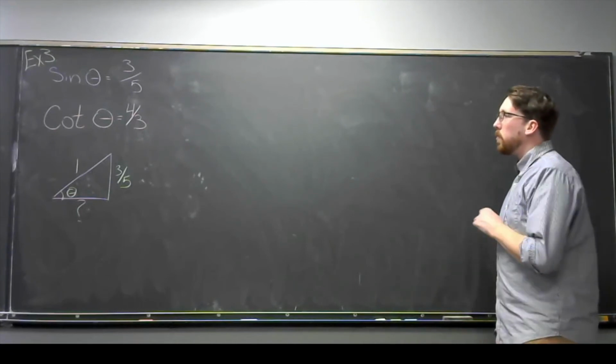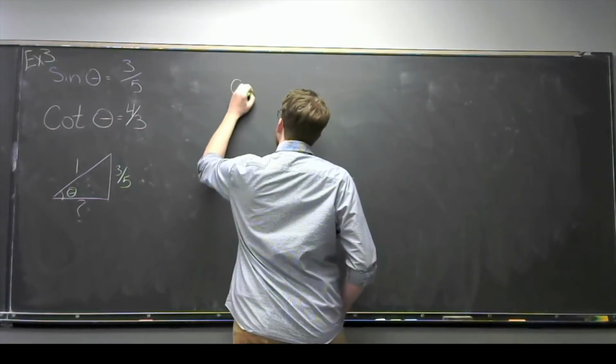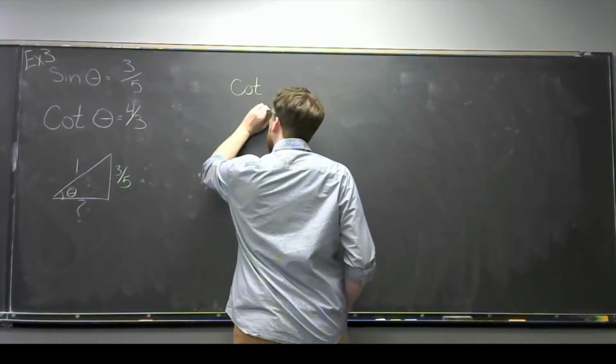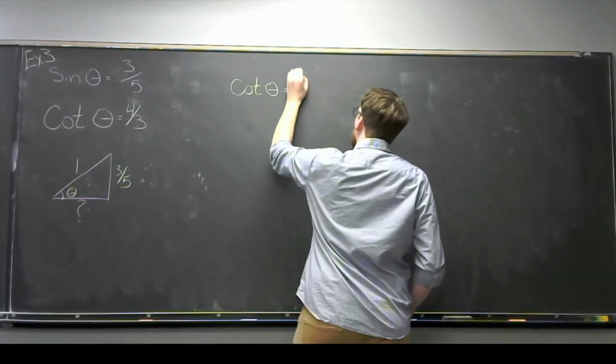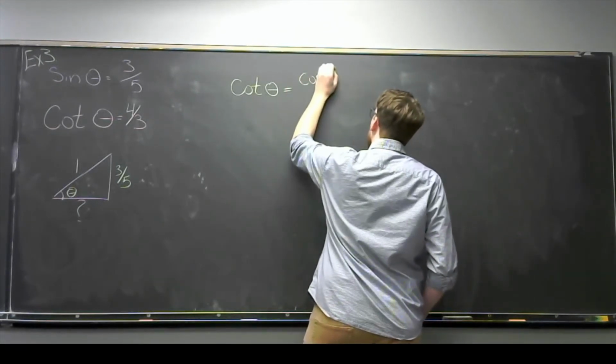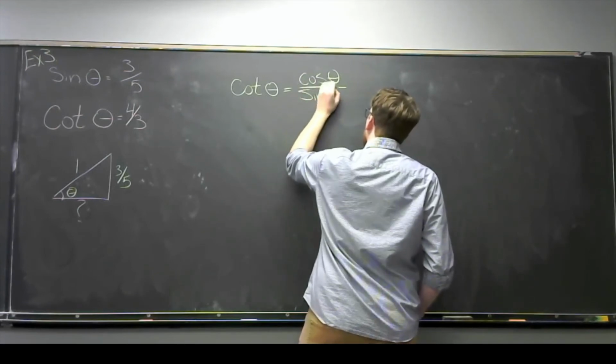So we know that cotangent of theta is equal to cosine of theta over sine of theta.